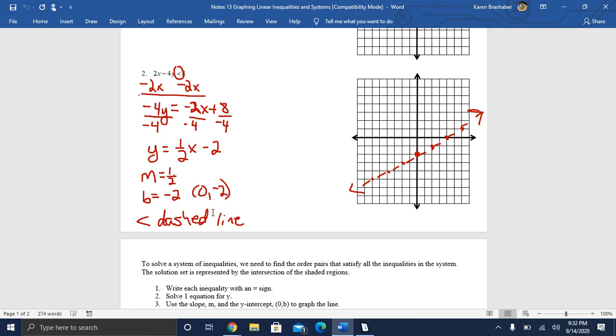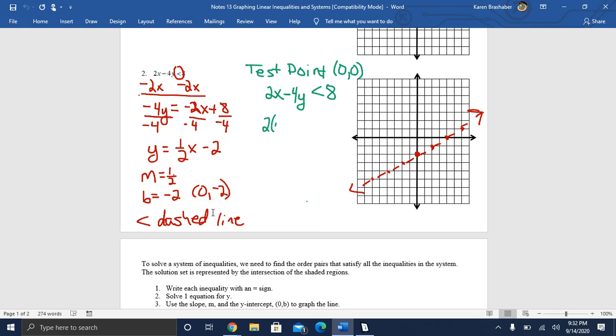Since we had an inequality to begin with, we will use our original problem. 2x minus 4y is less than 8. Our test point for that original problem again can be 0, 0 because our line does not go through 0, 0.